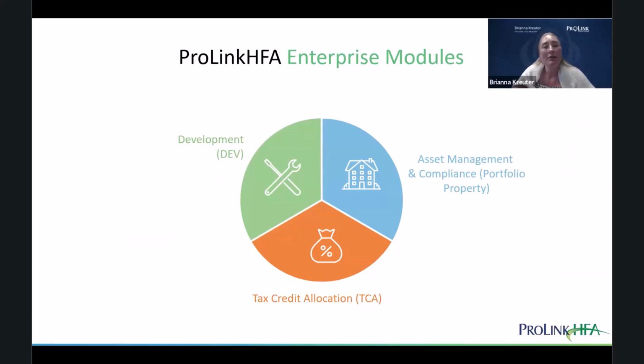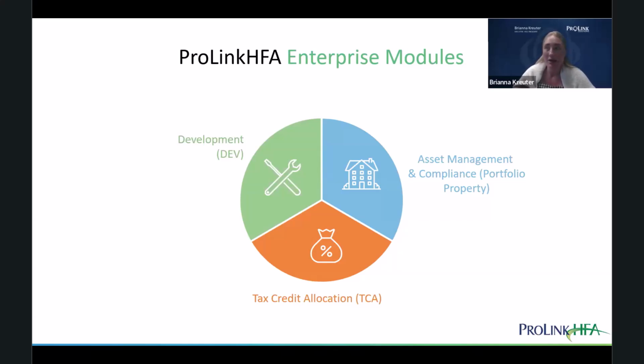We call this our bird's eye view of our enterprise modules for ProLink HFA. ProLink HFA always comes with these three areas available to all of our users. They are connected and work together to build that holistic model that I was describing earlier. We have our tax credit allocation module in orange.